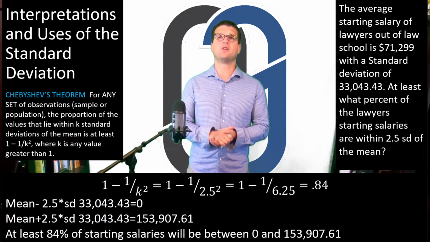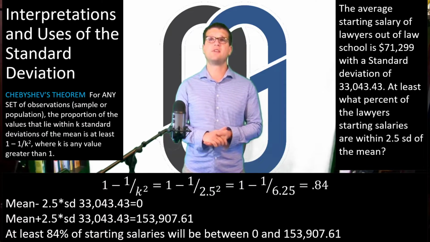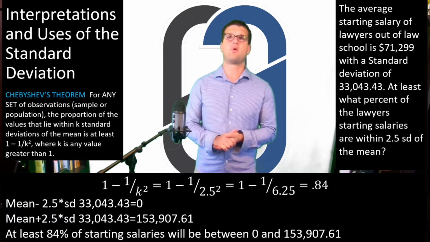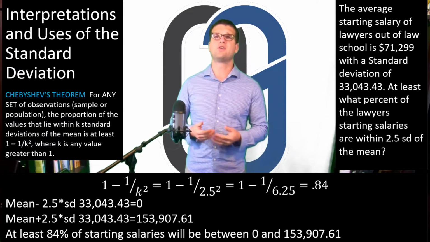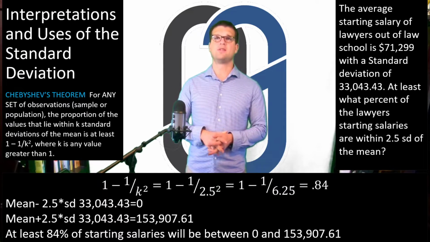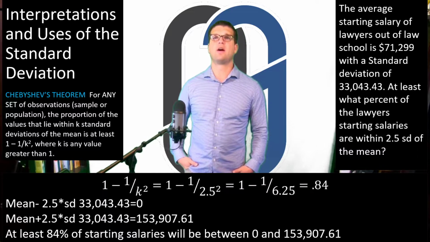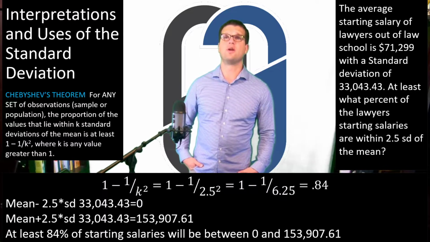There's a theorem called Chebyshev's theorem that basically says for any set of observations, sample or population, the proportion of the values that lie within k standard deviations of the mean is at least 1 minus 1/k², where k is any value greater than 1.